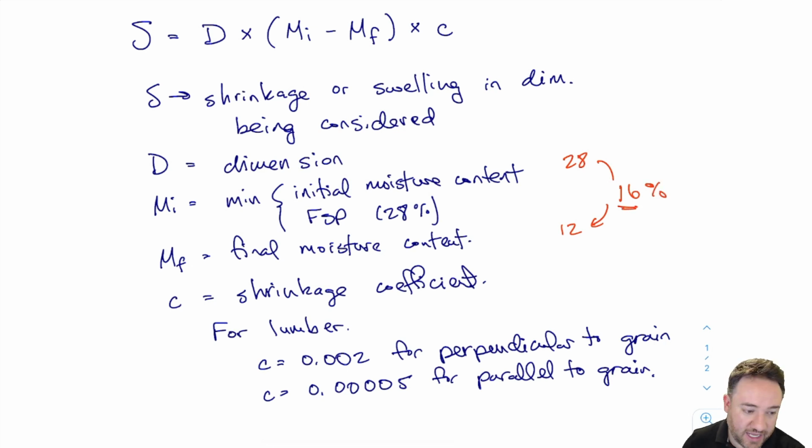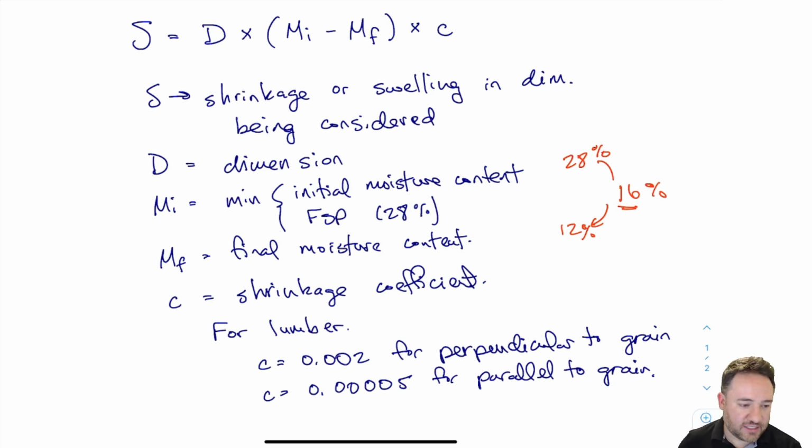I'm not going to put 0.16, because these C values are given as shrinkage percentage per percent moisture content difference. Okay, so C is a shrinkage percentage. So 0.002 here is 0.2% shrinkage. So it's 0.2% times the length for each percentage change in moisture content.